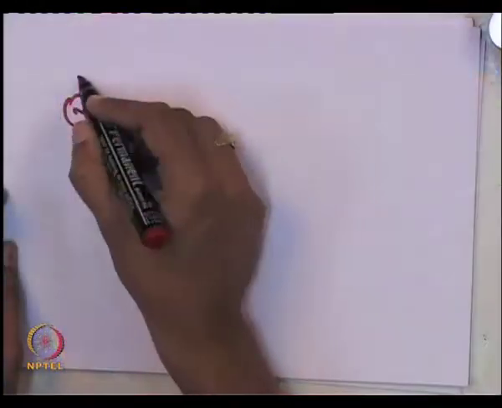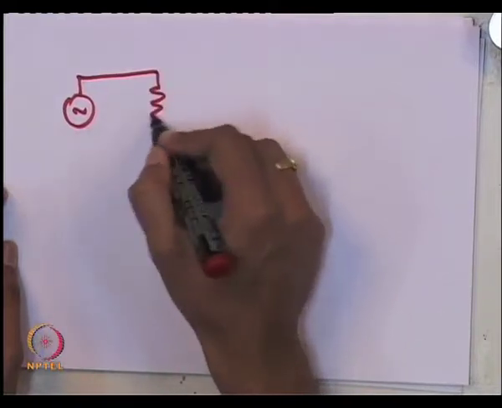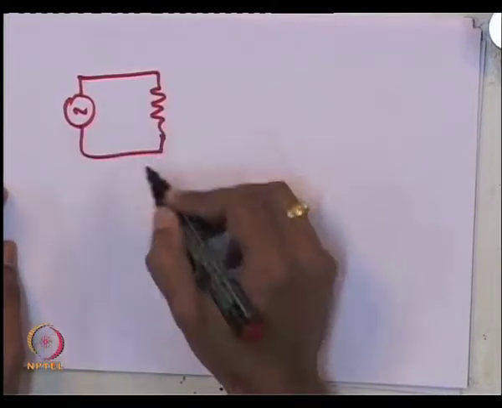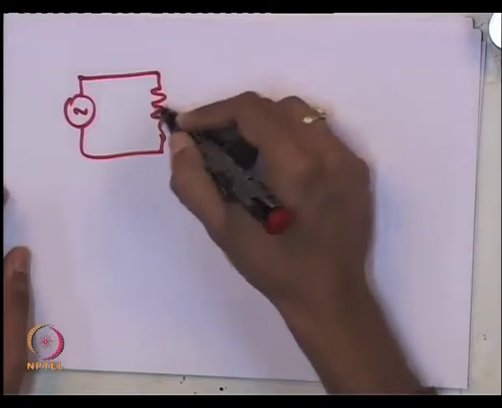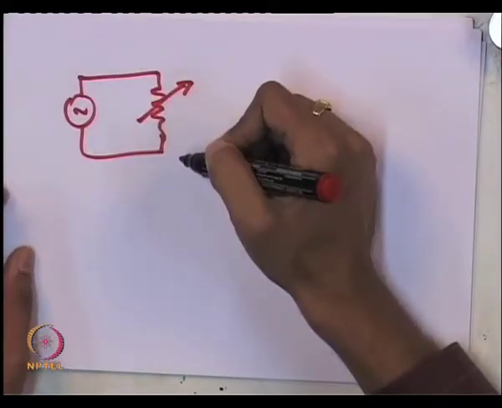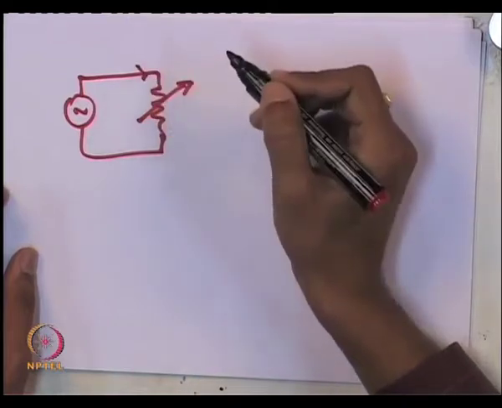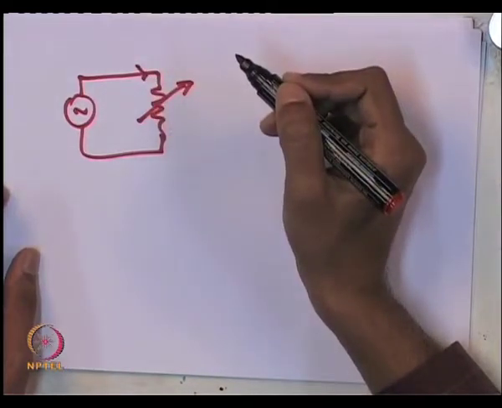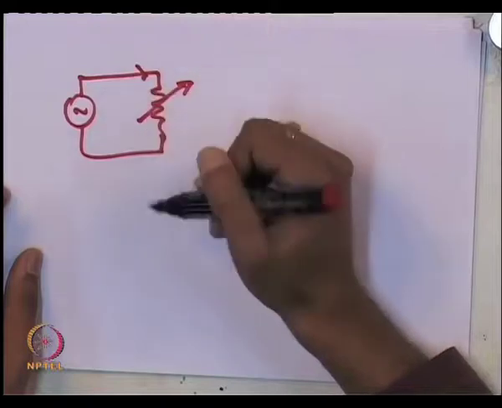If you just connect a synchronous machine to a resistive load, this is just a schematic representation of that, and you go on increasing the load by decreasing the resistance, you will find that the amount of power you can deliver has a maximum, and that maximum is a very low value.